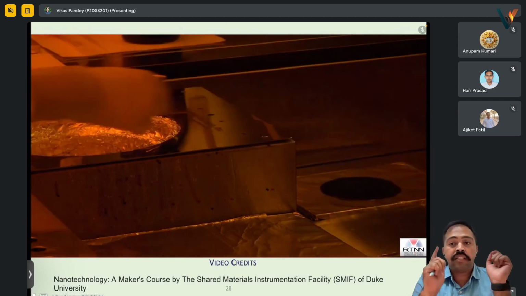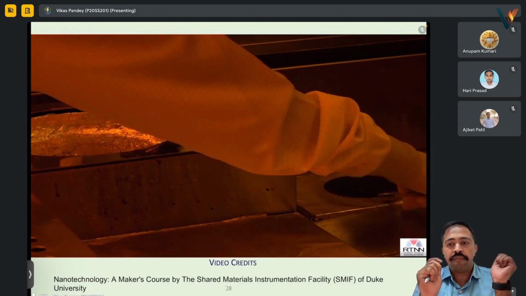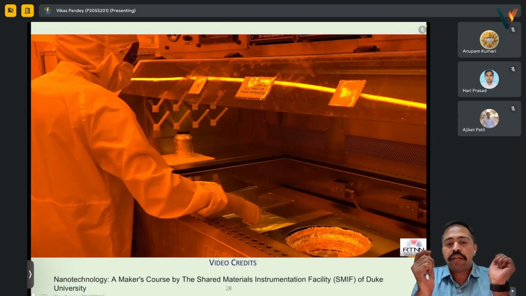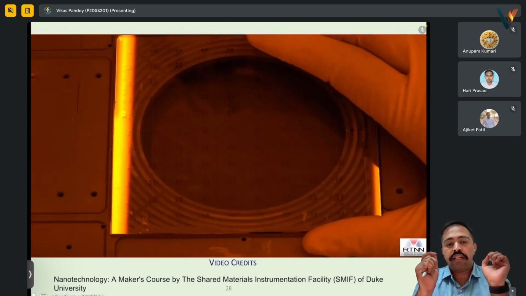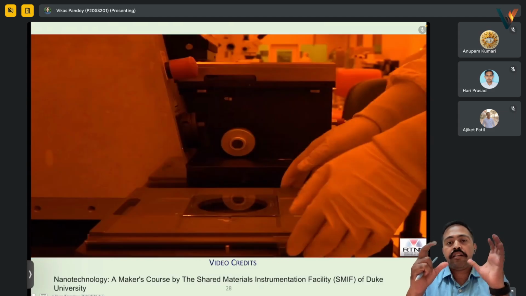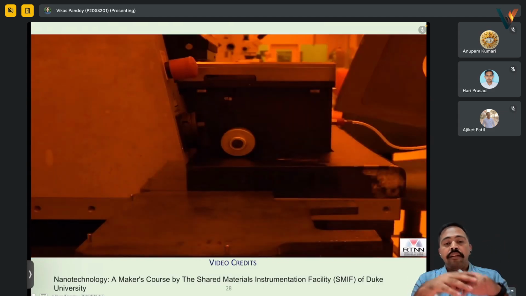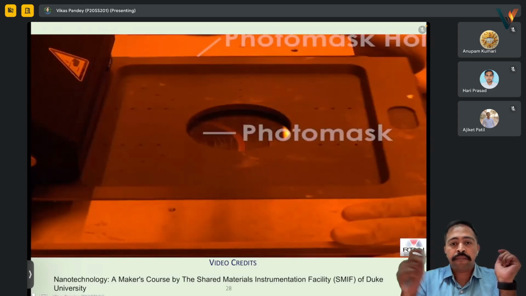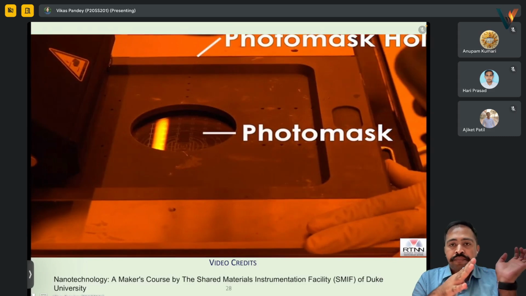This is where soft baking is done. You were asking about soft bake, right? For some time we are soft baking, that is hardening it, like drying it, then taking the mask and loading it into the system.